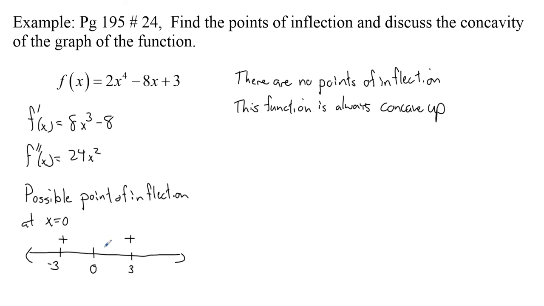All right, no points of inflection because I don't have a change of concavity. And since this is the only place where it could change concavity, and it's concave up on the left and concave up on the right, it's certainly got to be a function that is always concave up.